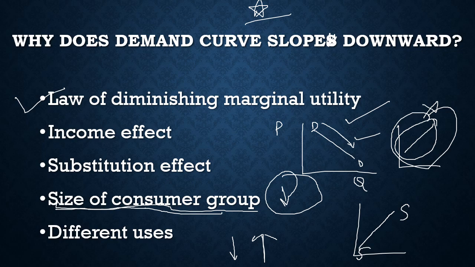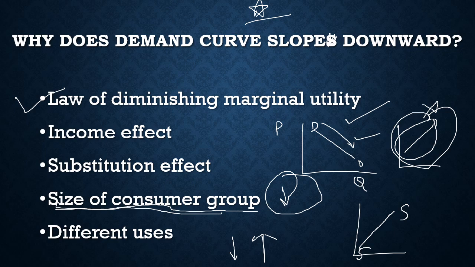So assumptions of the law of demand refer to all those determinants of demand other than the own price of the commodity. I told you that own price of the commodity plays a major role in the law of demand. Own price of the commodity is not constant, else all other factors are constant.